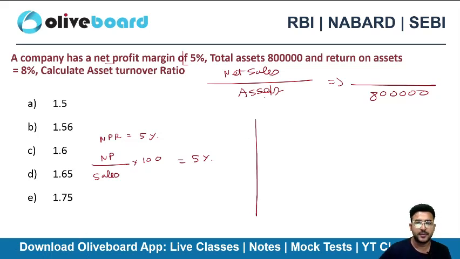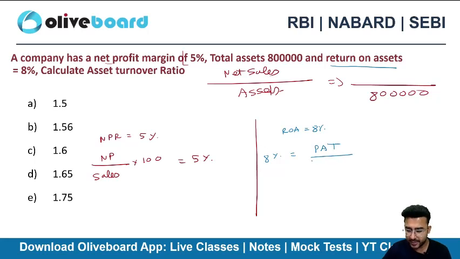Second portion, they have given us the return on asset, ROA, which is 8%. So what is return on asset, guys? Return on asset means profit after tax divided by my assets. That's what return on asset is, right? How much return I'm able to generate by using the assets.